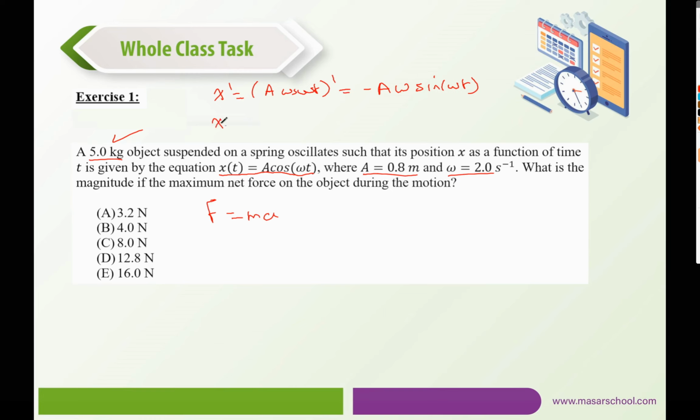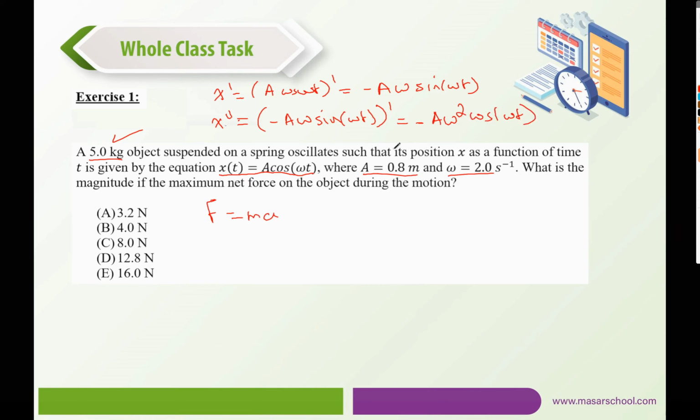Now let's do another derivative, which is basically the derivative of minus a omega sine omega t. Now a and omega are constants, they can be dragged out, so minus a omega. We multiply by the inner derivative, and that would have a square, and that would be cosine omega t.